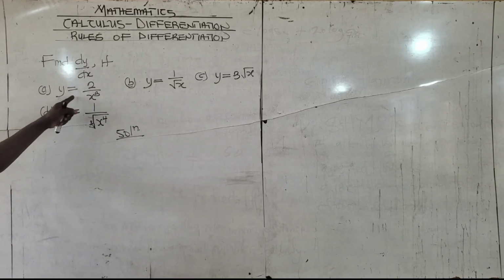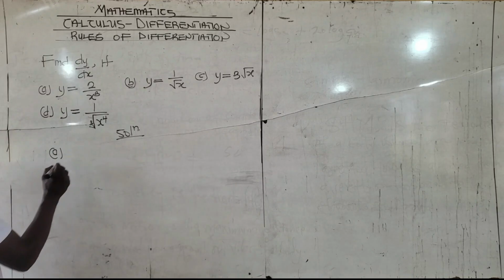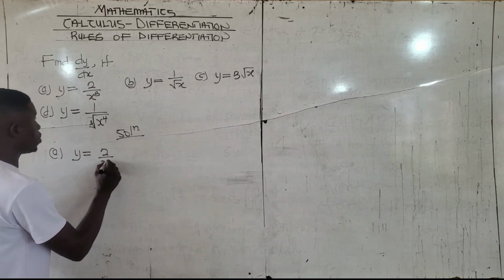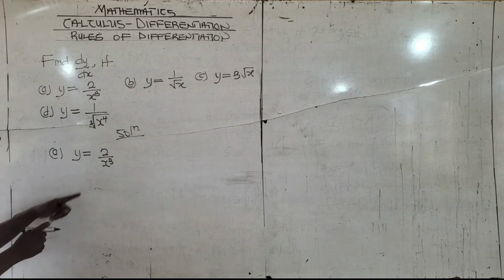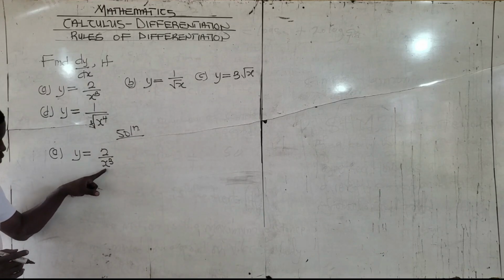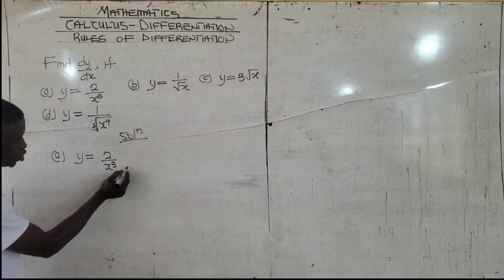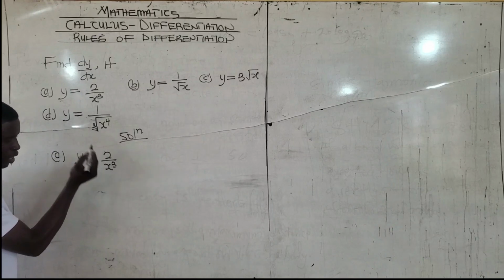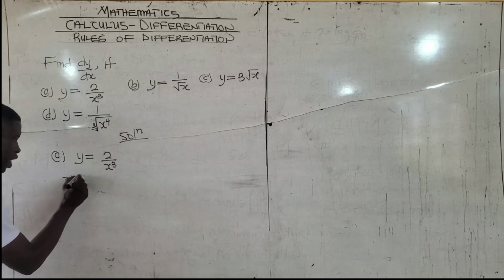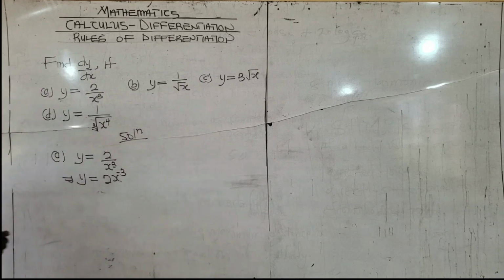So let's find dy dx in the first case. So let's come to solution A. In the case of A, we are having y equals 2 on x to the power 3. In this case, the first thing we can do here is to send the denominator up. So in indices, when the denominator is going to join the 2, in this case, the denominator is to the power 3, positive 3. If it goes up, it becomes negative 3, which will imply that our y equals 2x to the power negative 3. Very simple.